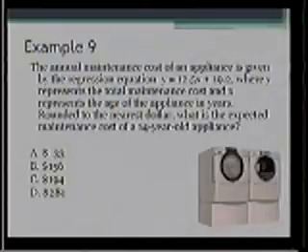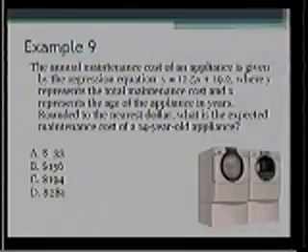Next, we'll make predictions using equations or graphs of best fit lines of a scatter plot. The annual maintenance cost of an appliance is given by the regression equation, and you have it given there, where y represents the total maintenance cost and x represents the age of the appliance in years. Rounded to the nearest dollar, what is the expected maintenance cost of a 14-year-old appliance?